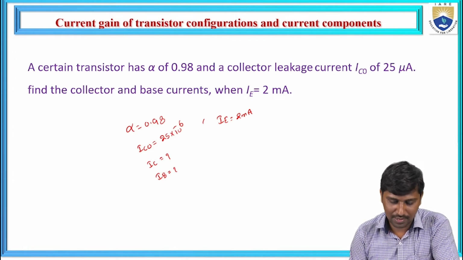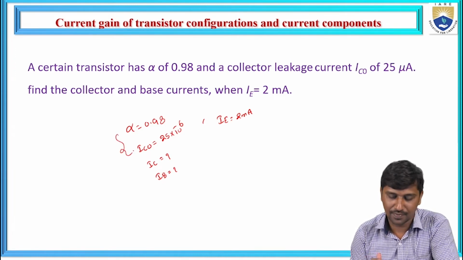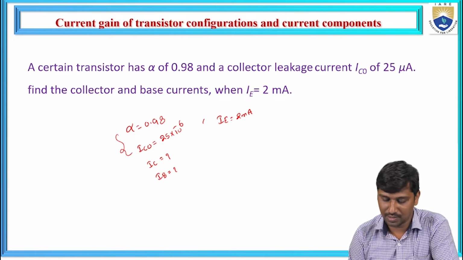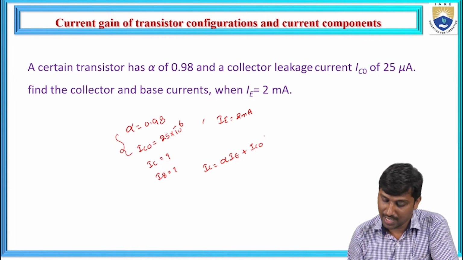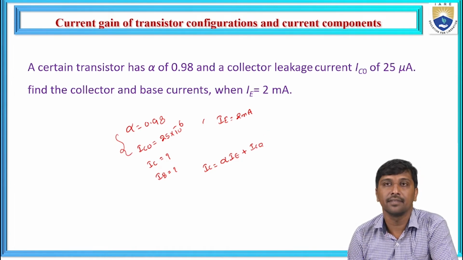So based on these given configurations, we know IC is represented as alpha times IE plus IC naught. This is derived from the common base configuration.